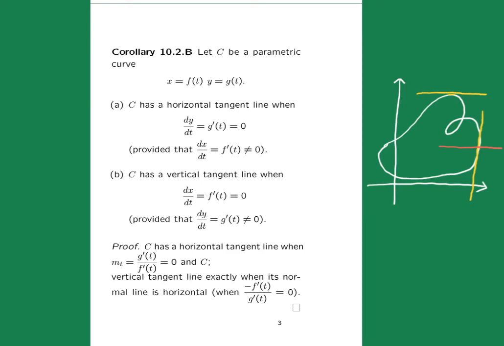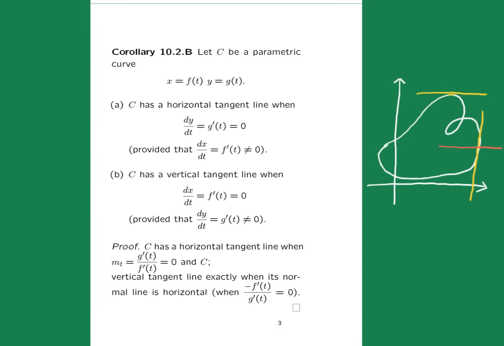Well, what is dy dx? We know that dy dx, the slope of our tangent line, is given by dy dt over dx dt. So dy dt is equal to g prime of t, and dx dt is f prime of t. So if we're looking for a horizontal tangent line, we're looking for when m sub t, the slope of our tangent line, g prime of t over f prime of t, is 0.